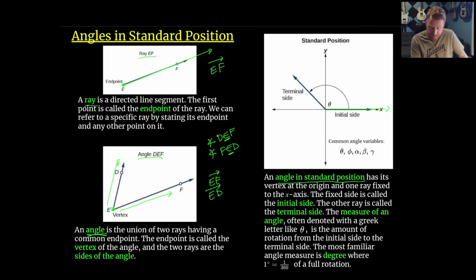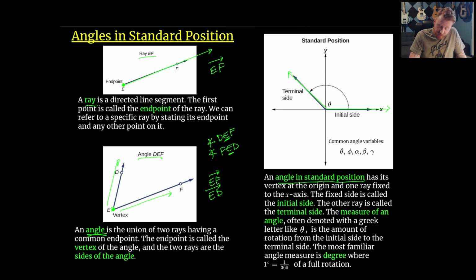The other ray is going to be called the terminal side, and that's usually what we view as the one that is rotating around the coordinates here. So the initial side is fixed to the x-axis, and the other one that can range here is called the terminal side.